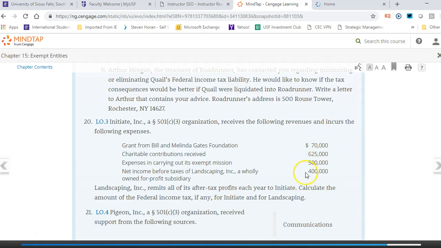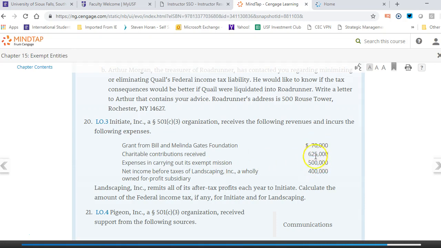So the point of this question is just so you separate the two income sources. Anything that Initiate itself as a 501c3 receives from a foundation, from contributions, that's non-taxable, right? And of course it has expenses, it carries out its mission. So as it goes about whatever it's doing, it's incurring expenses.